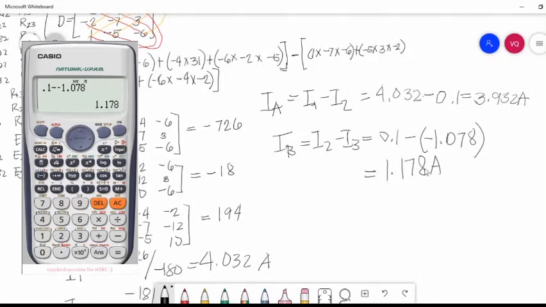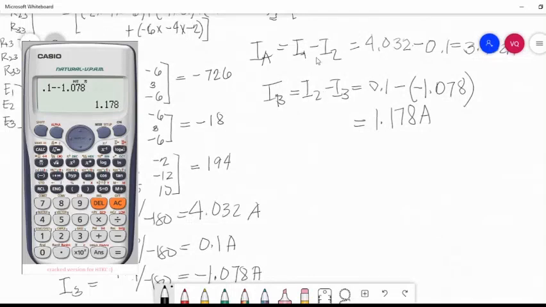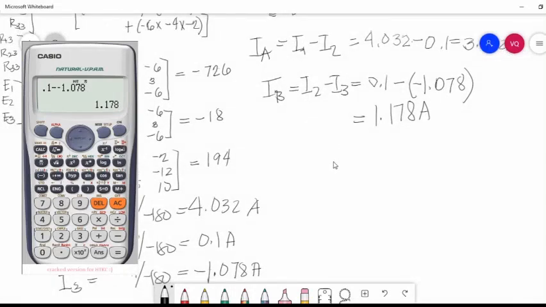Okay, so your final answers will be I1, I2, and I3, IA, and IB. If you want to get the voltage drop across each resistor, you will just multiply I1 R1, I2 R2, I3 R3, and so on and so forth.